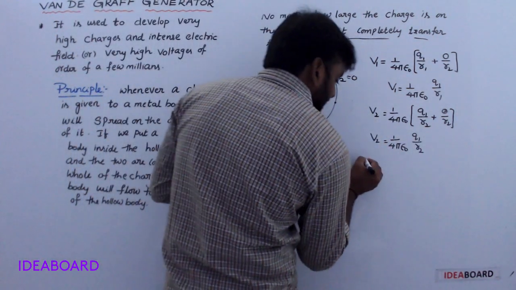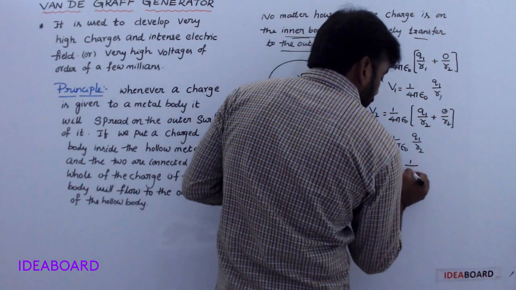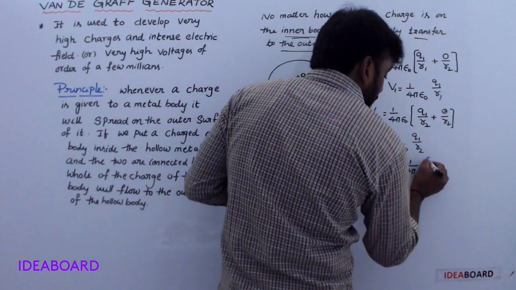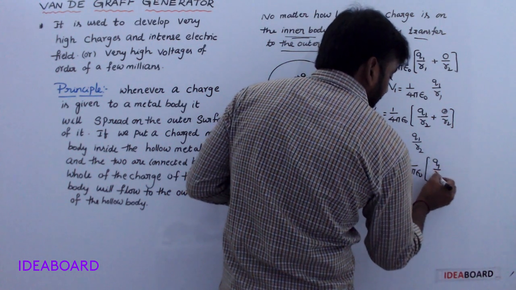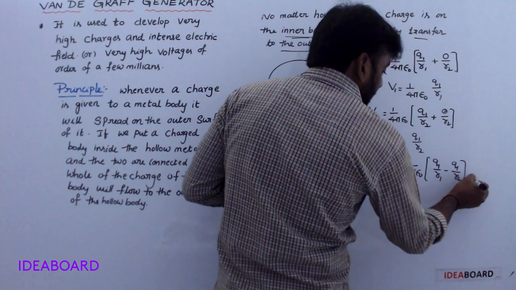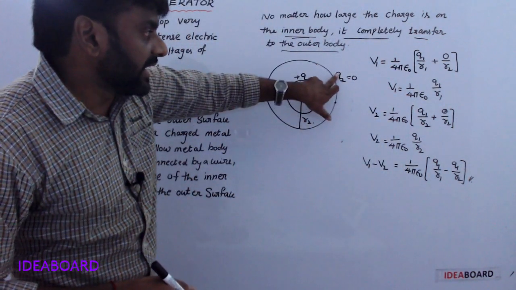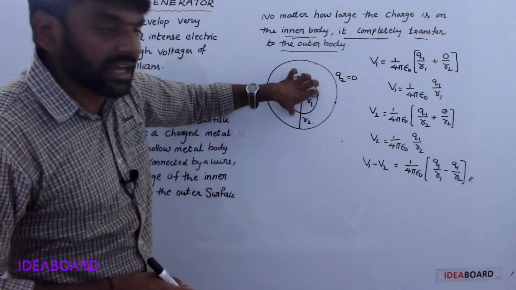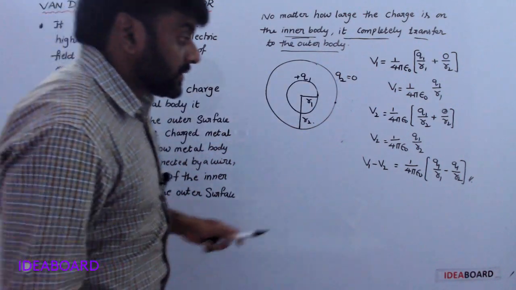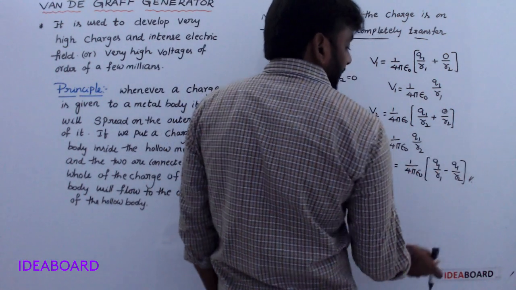What is the potential difference here? V1 minus V2 is 1 by 4 pi epsilon naught times q1 by r1 minus q1 by r2. It is the potential difference in the first case: outer surface no charge, inner surface having charge.